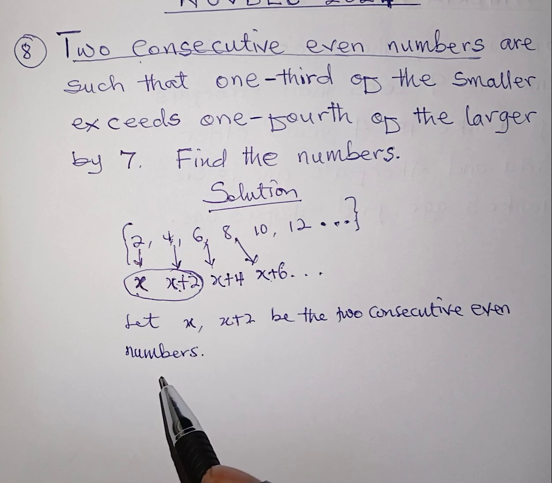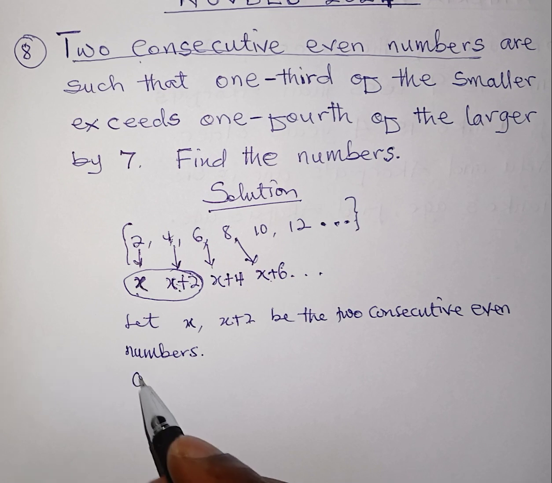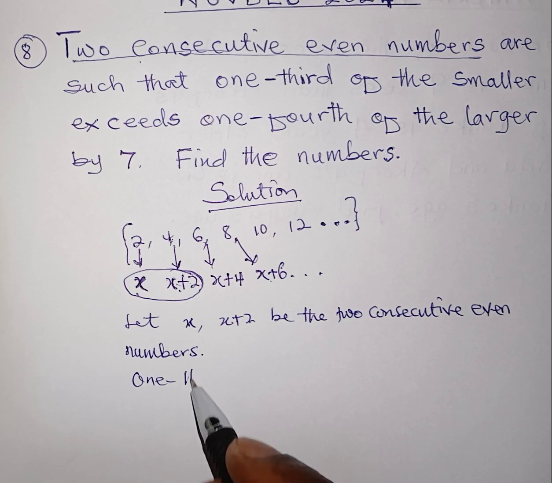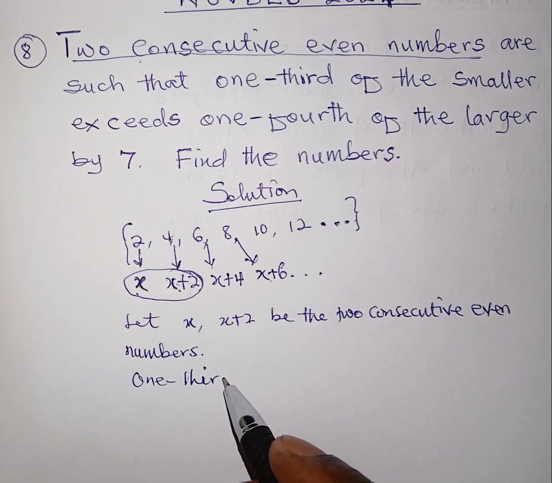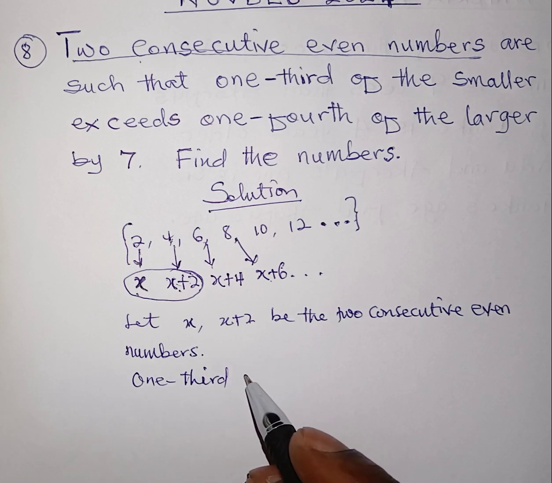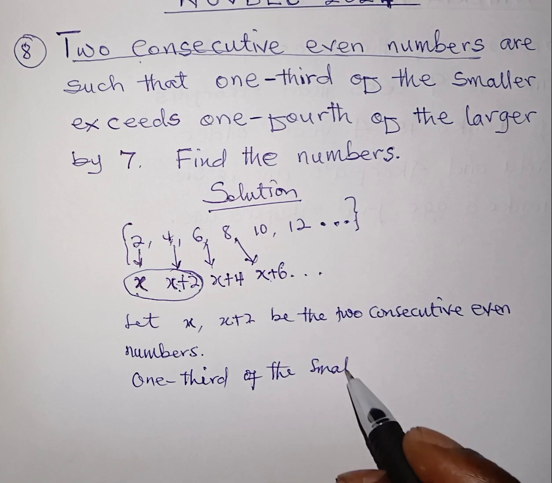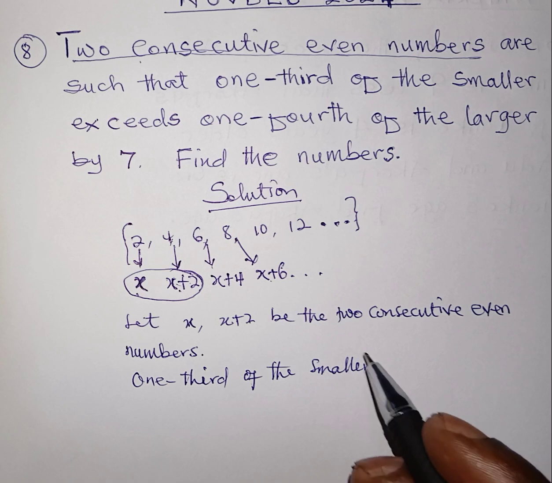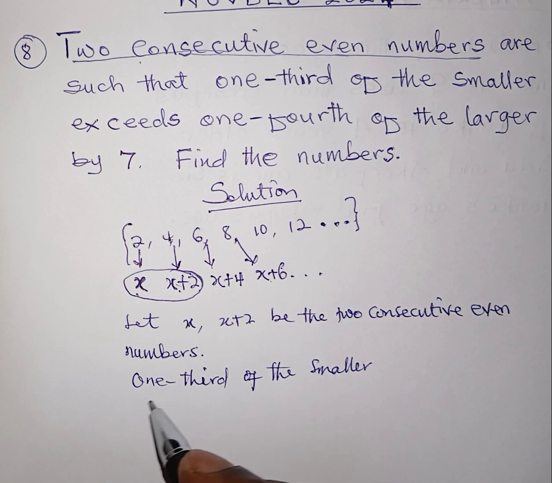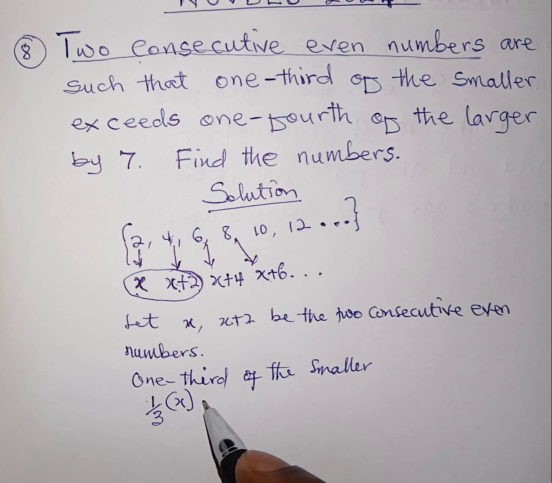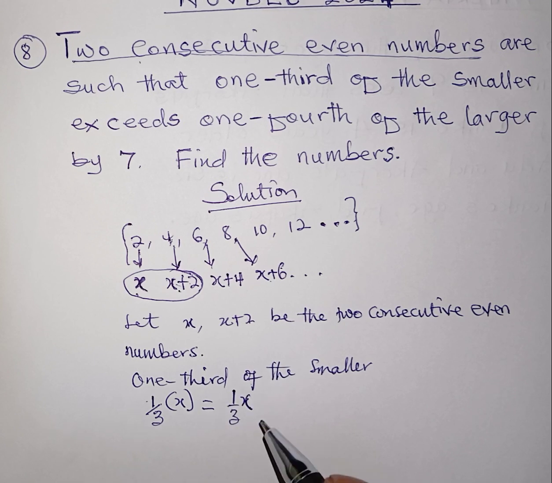Okay, good. So if you are saying 1/3 of the smaller, meaning that we know that 1/3 is giving us 1/3 or 1 out of 3 multiplying x. And that gives me 1/3 x, like that.